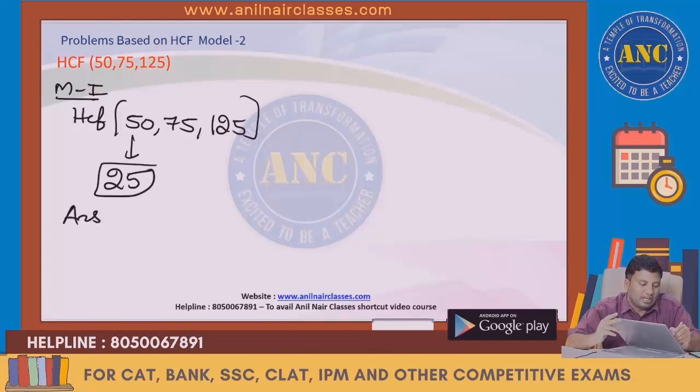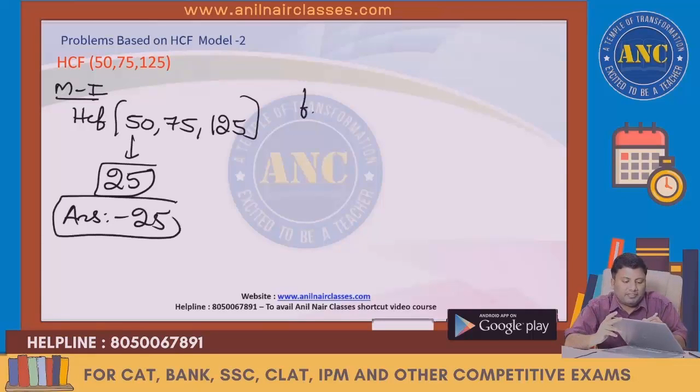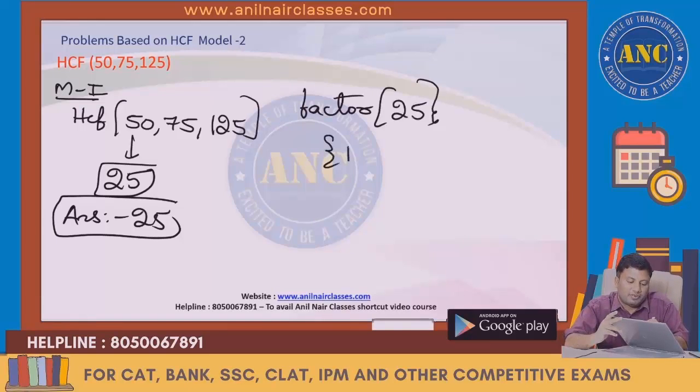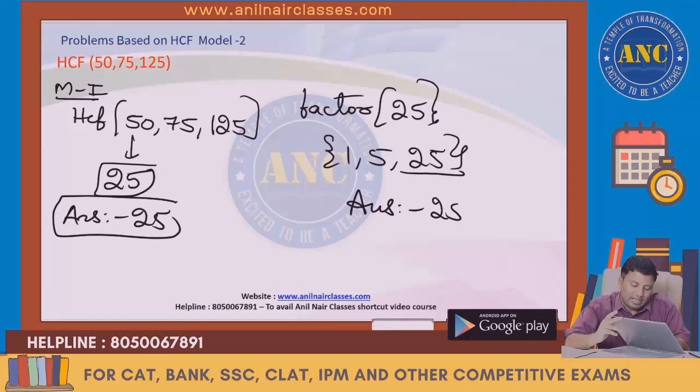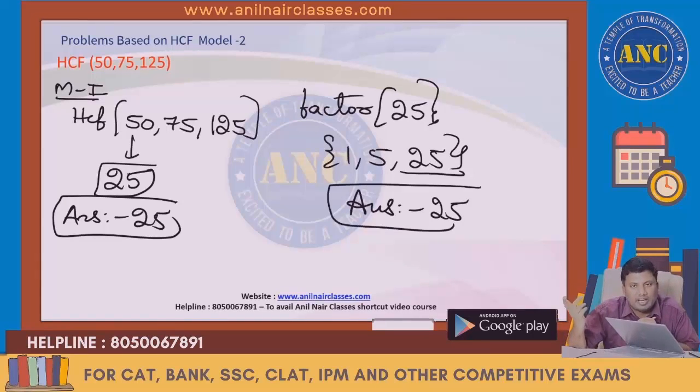The answer is 25. If I take the factors of their difference, 75 minus 50 is 25. Factors of 25 are 1, 5 and 25. 25 will divide. Why are we taking the minimum difference? If you take the highest, this will be a subset among that. That will become a superset.